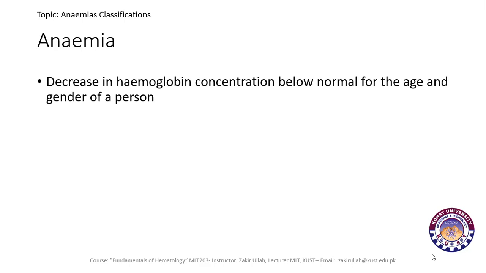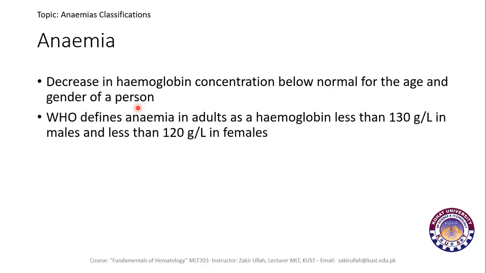Anemia can be defined as the condition in which hemoglobin concentration decreases below normal for the specific age and the specific gender of a person. So, if there is decrease in hemoglobin concentration, this condition is called anemia.